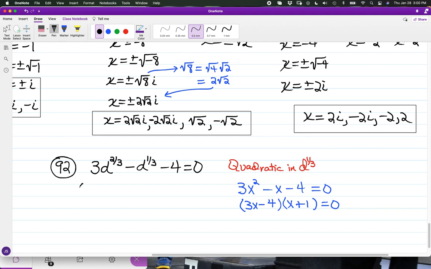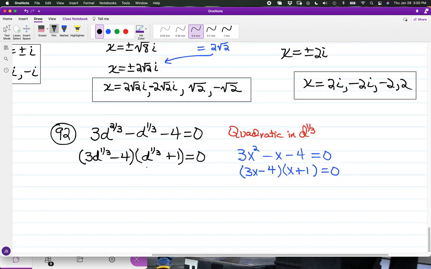So I have the quantity 3D to the 1/3 minus 4 times the quantity D to the 1/3 plus 1. Just think of D to the 2/3 as x squared and D to the 1/3 as x, and just factoring. So these are analogous to each other.